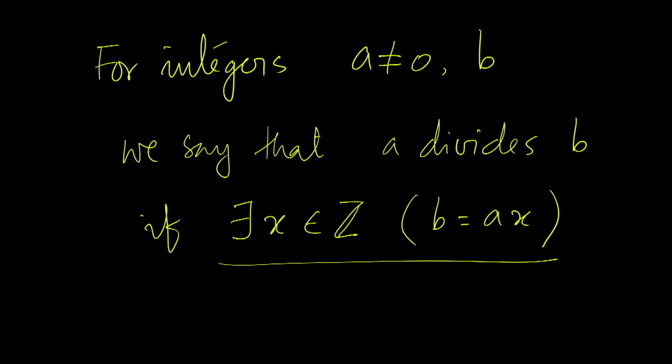That is when we say that a divides b, and this is denoted using a vertical bar. This notation asserts that a divides b.